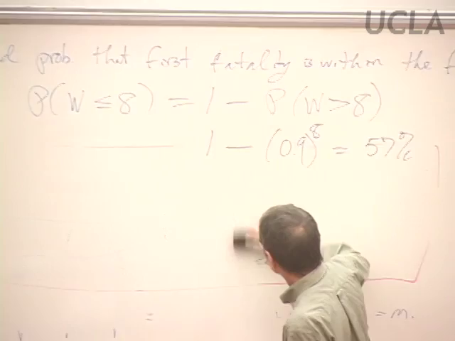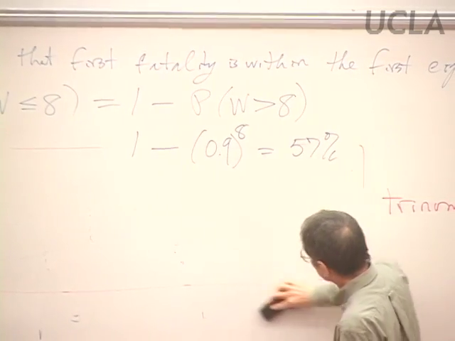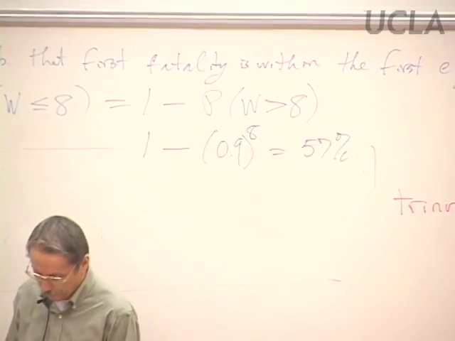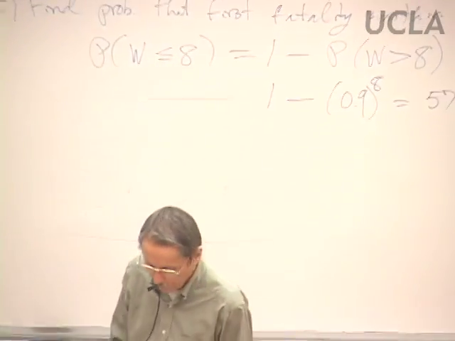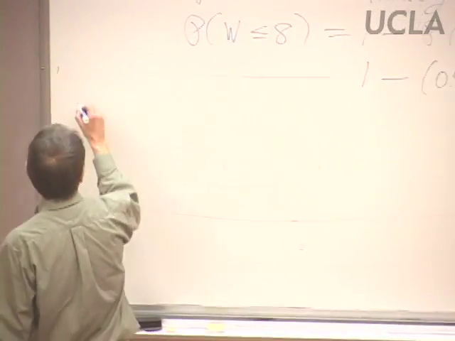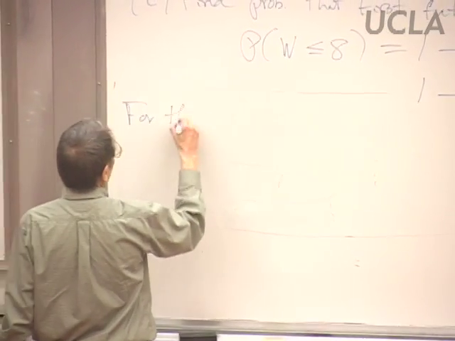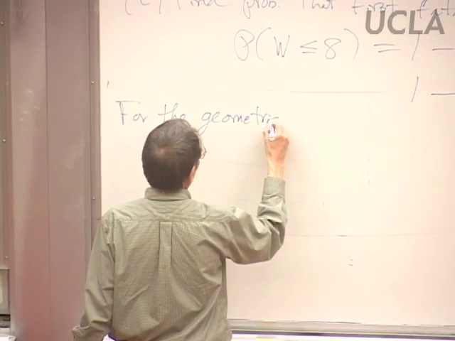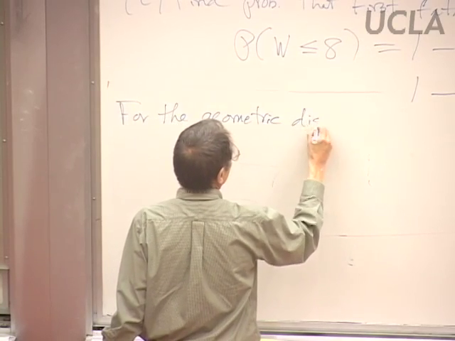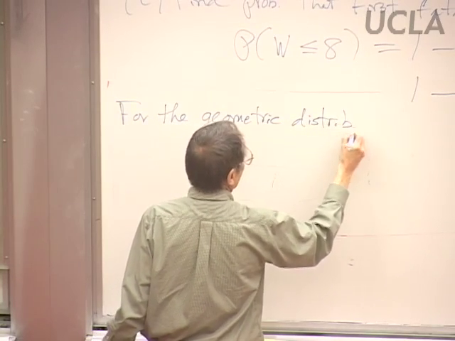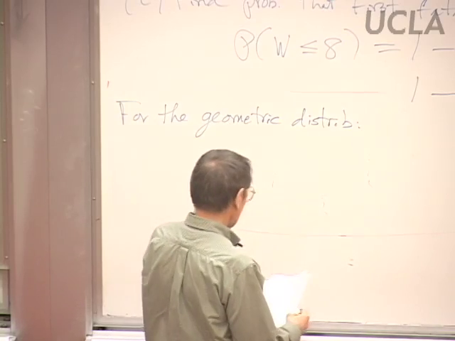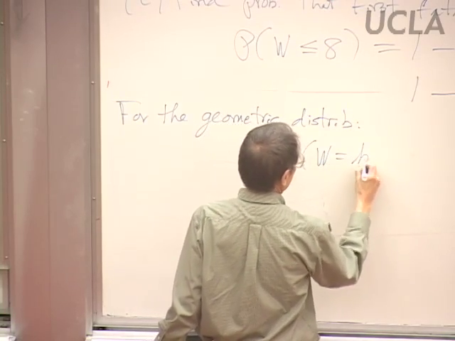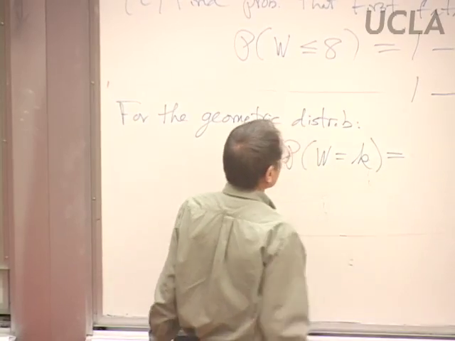Well, let's generalize these a little for later use. For the geometric distribution with parameter p, let's write down once again the probability mass function.